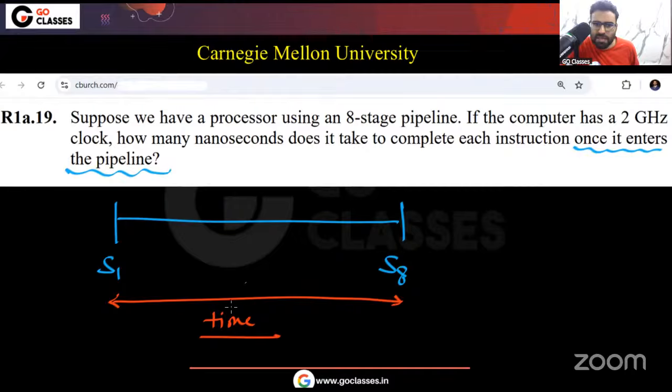But from an individual instruction's point of view, how much total time will it take from entering the pipeline to its completion? That will be the number of stages multiplied by one stage time, and one stage time is your cycle time. Yes or no? So here the answer will be 8 multiplied by the cycle time.